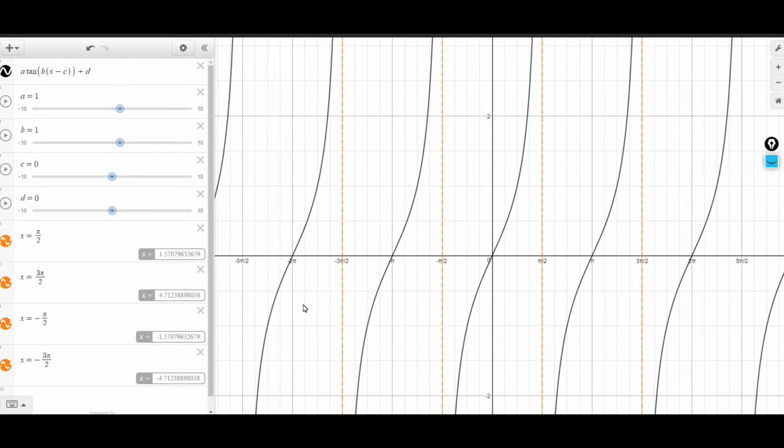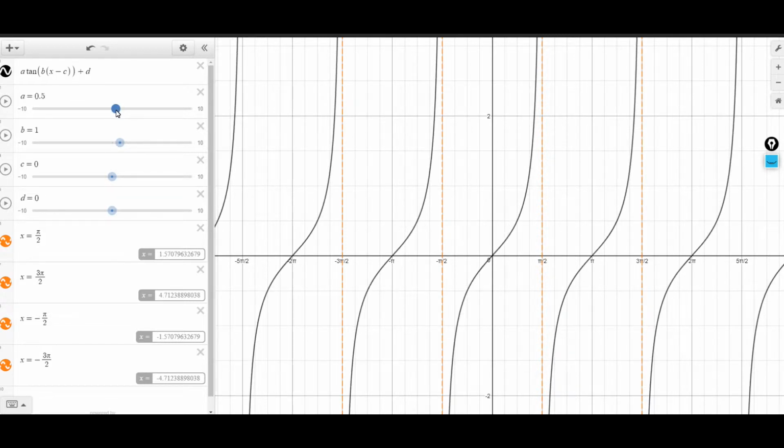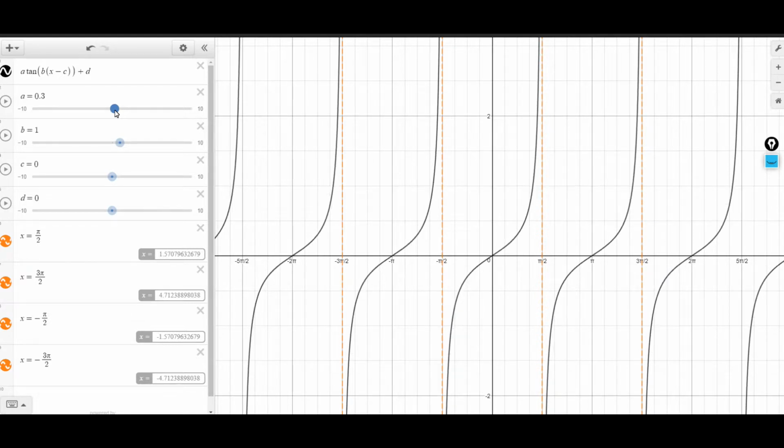Okay, so A doesn't look like it's making the graph shift in a way that changes the asymptotes. And when I make A a fraction less than 1, notice that that curve, that steepness changes. But again, my asymptotes still look like they work.